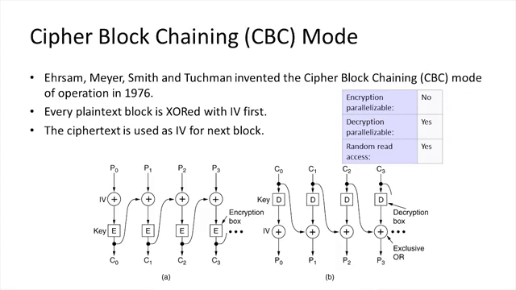For encryption, each block needs to wait for the IV from the previous block's encryption to be generated, and therefore the encryption cannot be parallelized. They have to wait one at a time in a sequential manner.